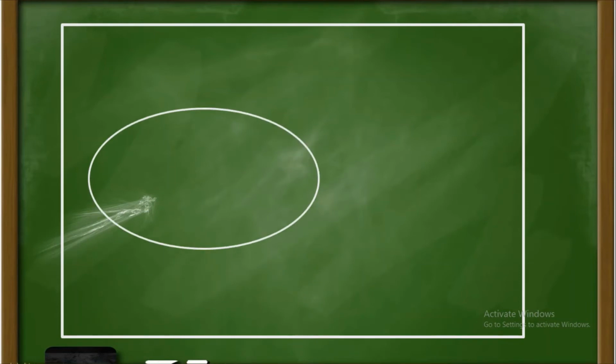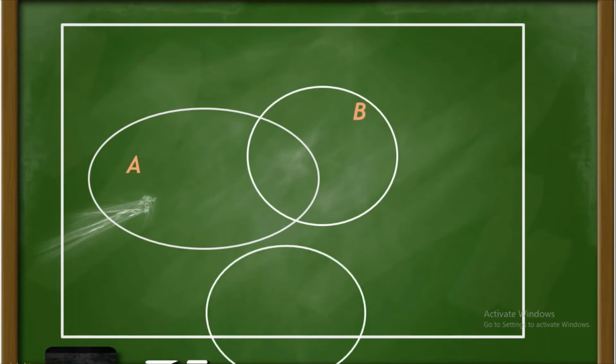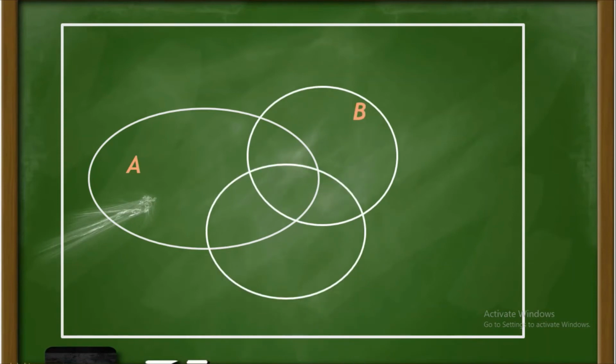We have the universal set U. For the first set, we have set A. We have set B, and third, we have set C.